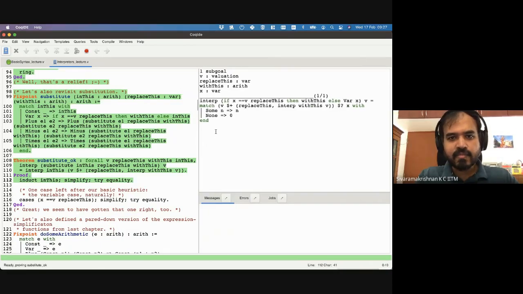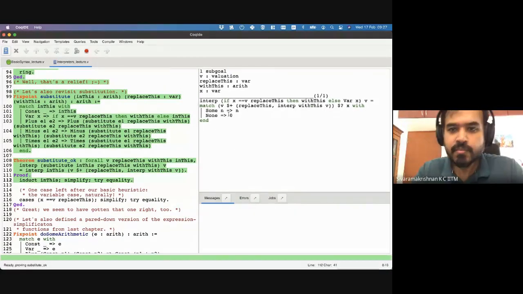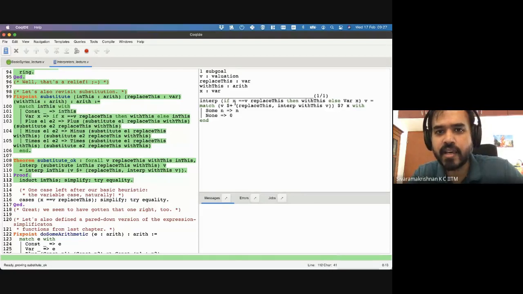And here the reason why we are not able to proceed further is this particular case, which happens to be the only interesting case. The only interesting case is the variable case, and all we have to do here is consider two possible cases. The variable that you're replacing happens to be the variable that you want to replace, or otherwise.